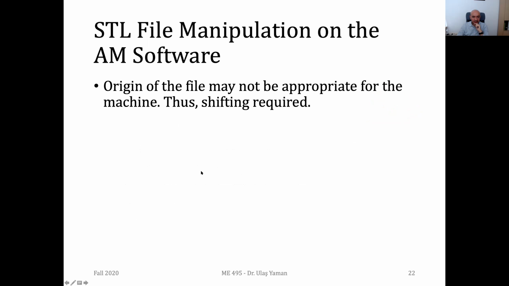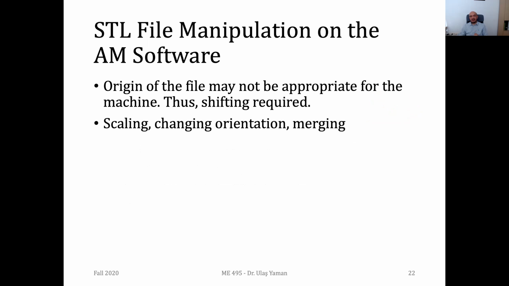Shifting is the easiest thing we can do on the STL files. We can simply add values to the coordinate values, and that way you will be shifting your part somewhere on the plane. Another easy thing is to scale them.